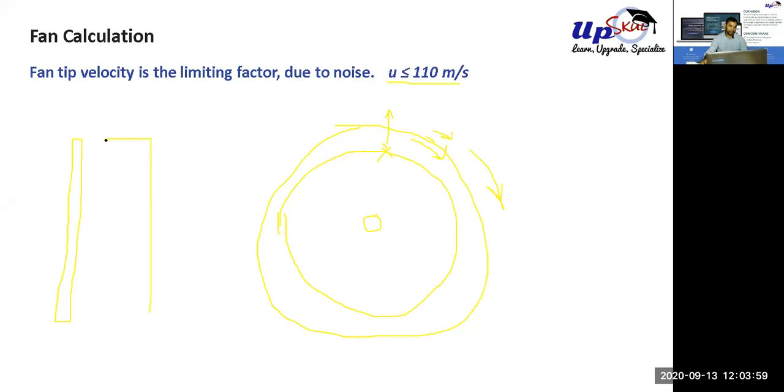The blades of this one are more spread out. I'll call this one the thin profile, and this one the thick profile. A thick profile fan is always preferred because it can deliver more air at slow speed.